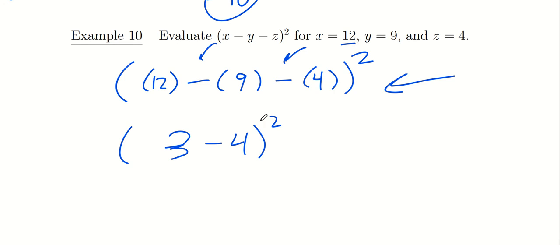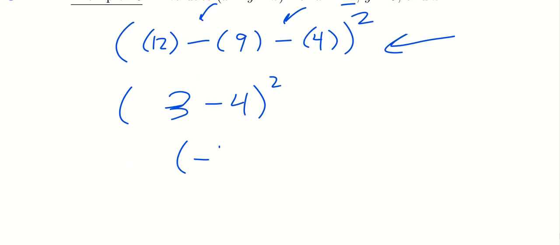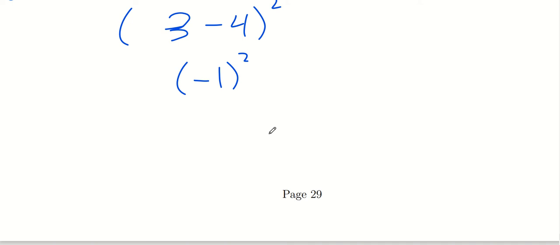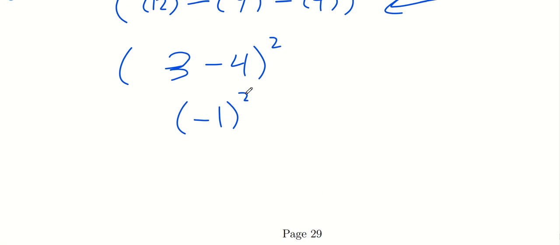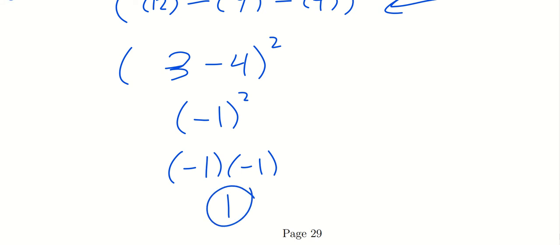That positive 3 minus 4 would give us negative 1. So the number negative 1 is what's in the grouping symbol, and that's the number we need to raise to the second power. Negative 1 to the second power is negative 1 times negative 1, which is going to give us a final answer of positive 1.